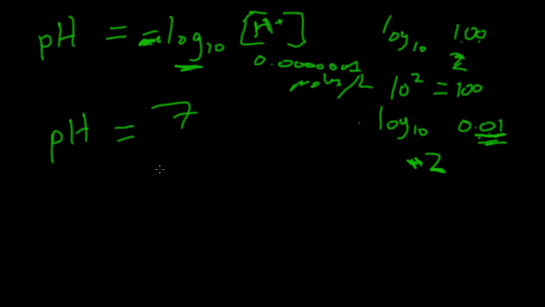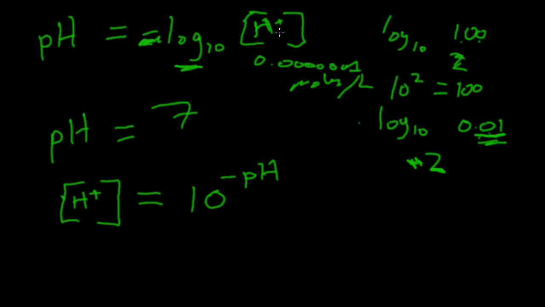And the reverse of that is to find the concentration from the pH. The way we do that is we say the concentration of H plus ions is equal to 10 to the negative power of pH.